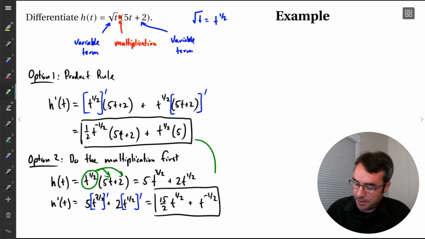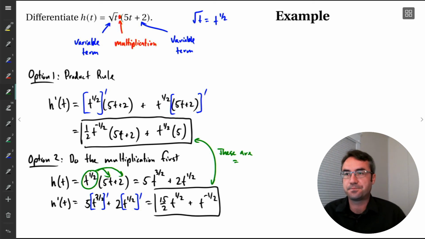So even though they don't look like it, at least right now, these are equal. All right. So sometimes product rule is necessary. Sometimes we can get away with just doing the multiplication and kind of avoid the product rule.